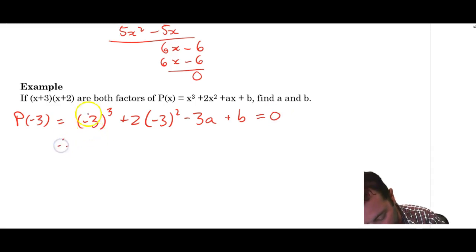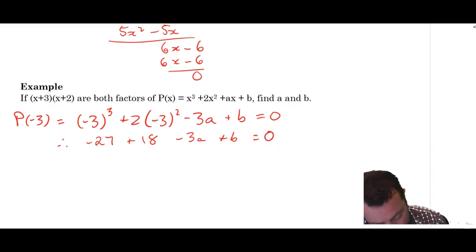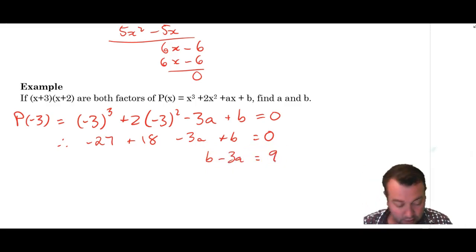So I've got a -27 plus 18 minus 3a plus b equals 0, and I'm going to say b minus 3a equals 9. It's one equation.